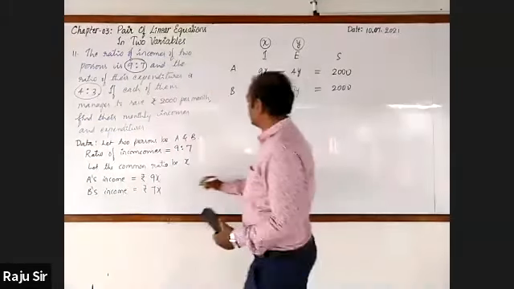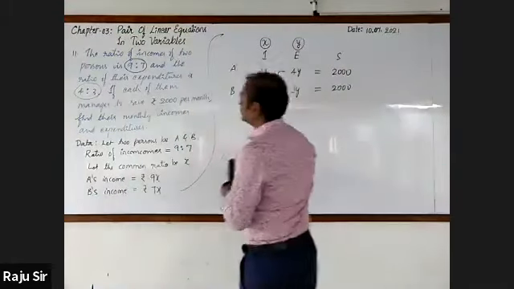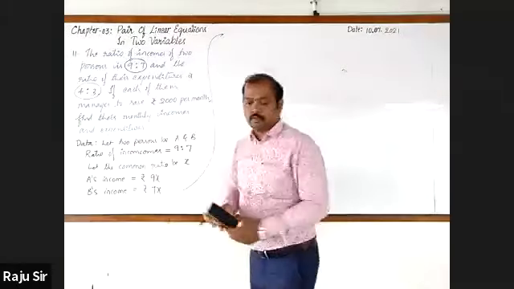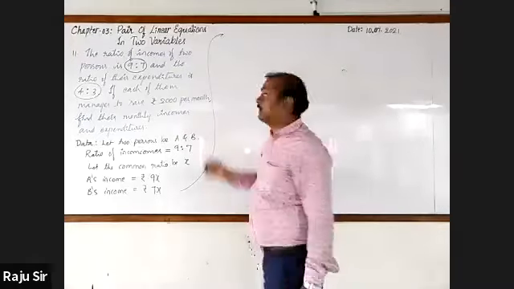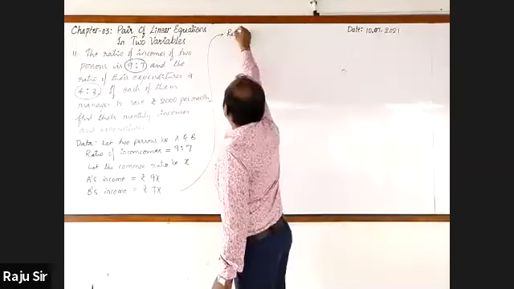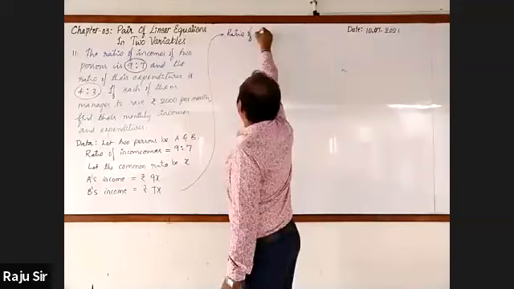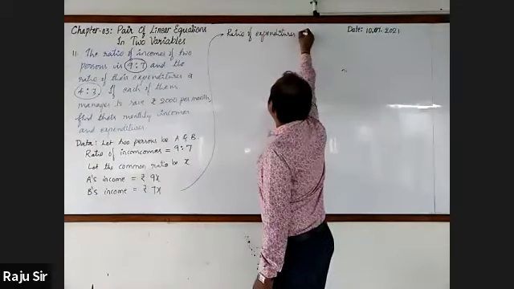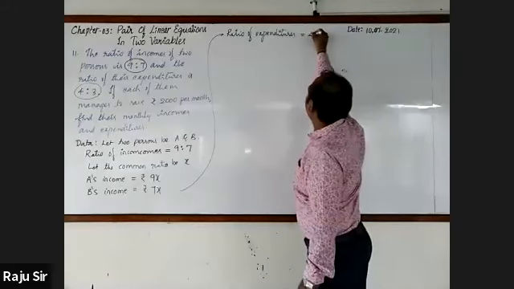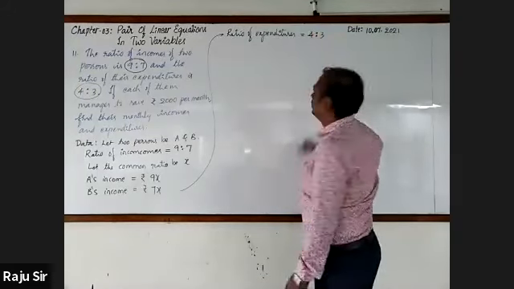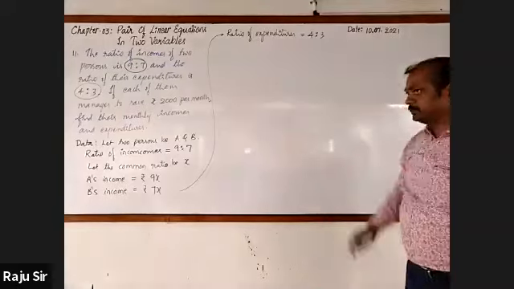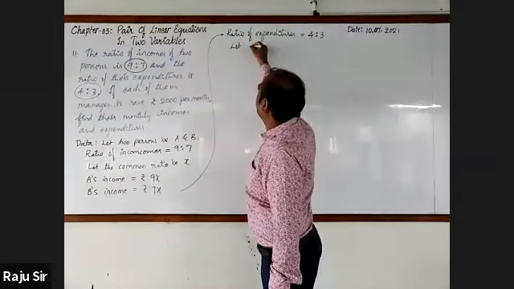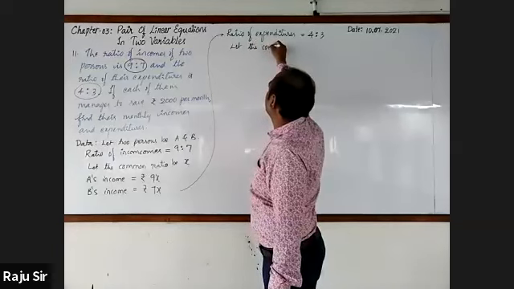Now let me take another situation. It is with respect to expenditures. Ratio of expenditures is 4:3. Here also, let me go for taking the common ratio.